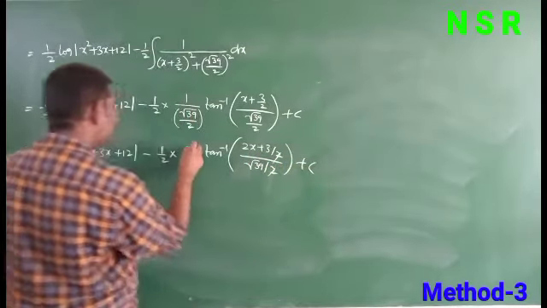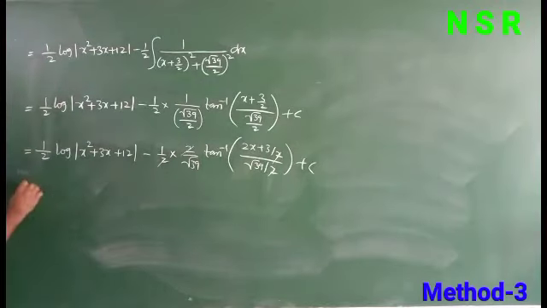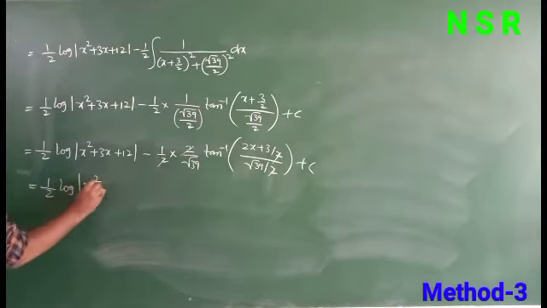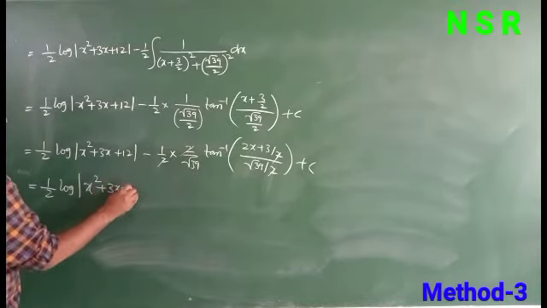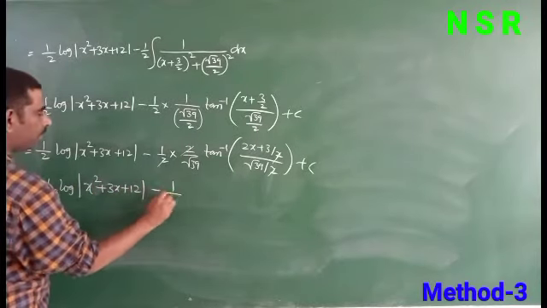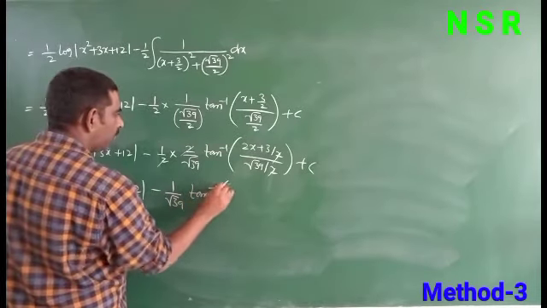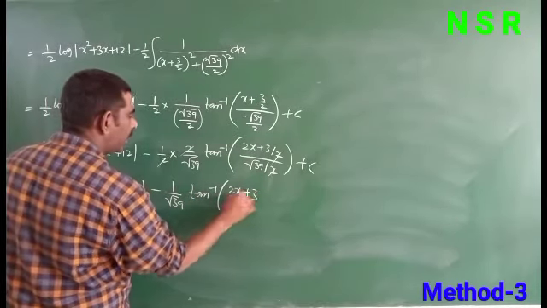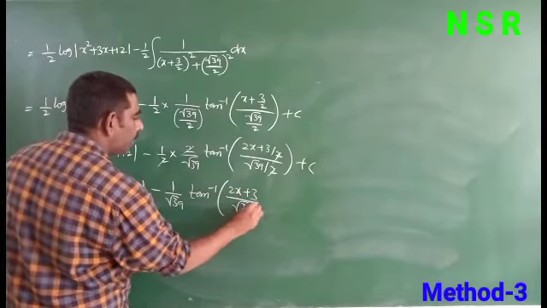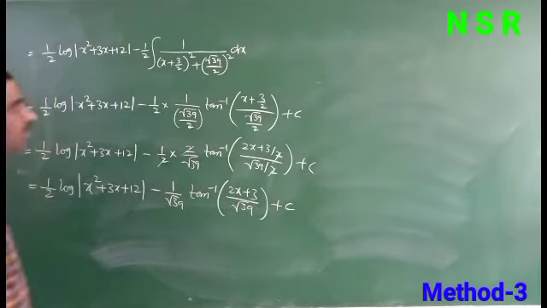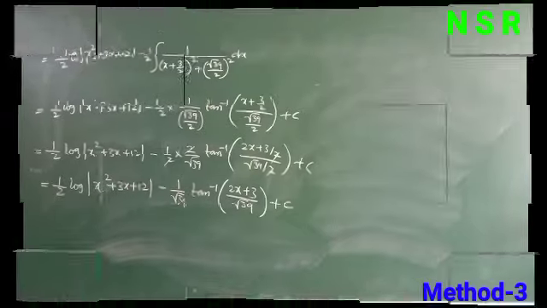The 2 gets cancelled, here also 2 gets cancelled. Now your final integral value is 1 by 2 log mod x square plus 3x plus 12, minus 1 by root 39 into tan inverse of (2x plus 3) by root 39, plus c. So this is our final integral value.